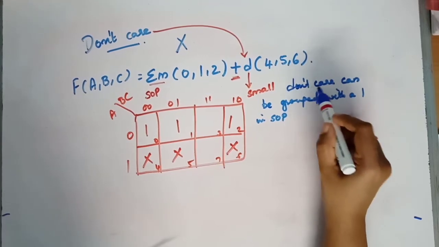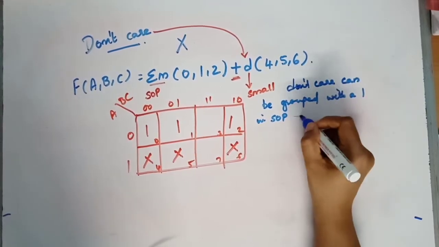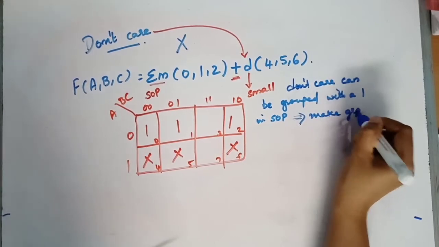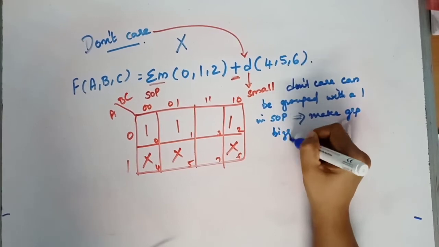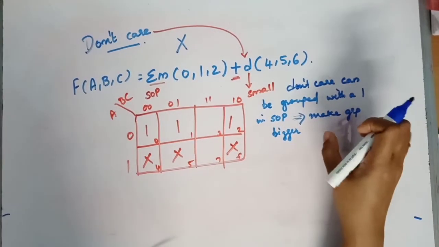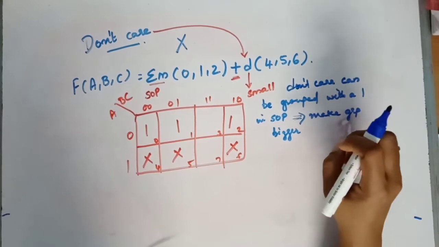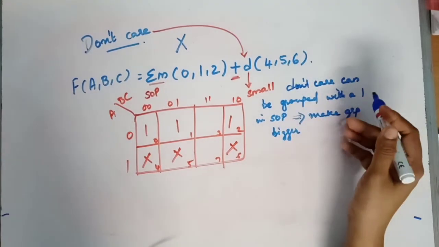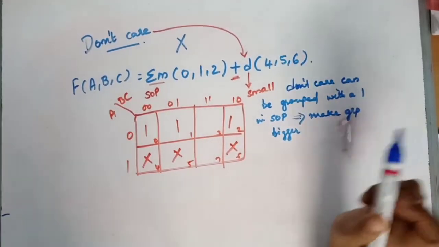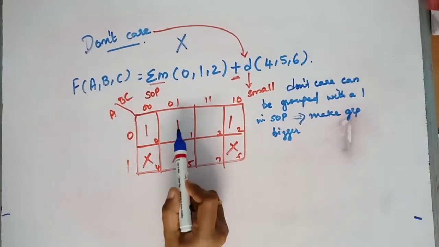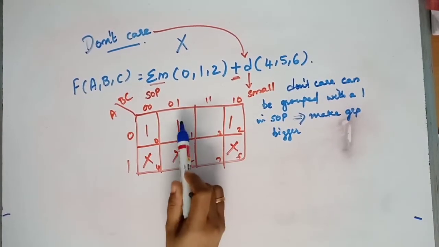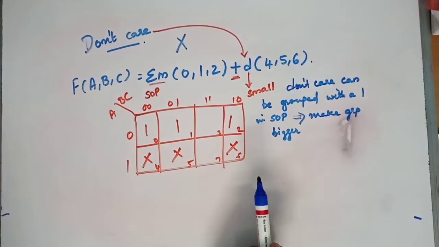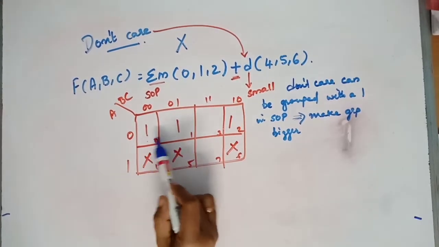And when do you group the don't care with the 1? In order to make the group bigger. That is, the number of ones in the group can be made more by using 1 or more don't cares. Then you can use those don't cares. So in this particular case, normally if you don't have the don't cares, you will be grouping it as these 2 ones and these 2 ones.